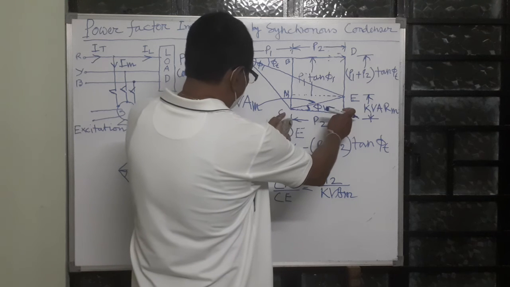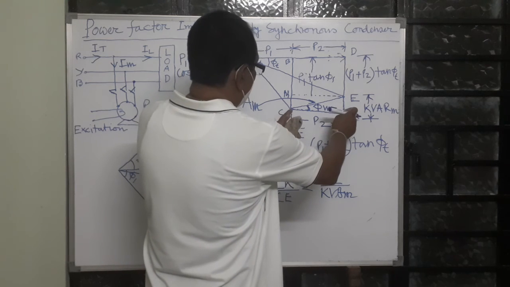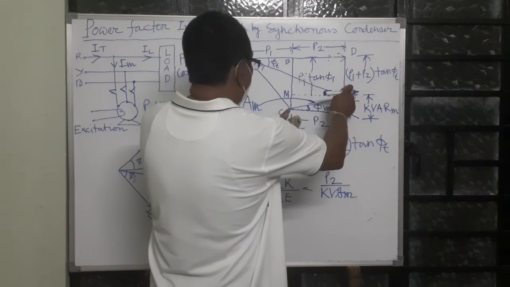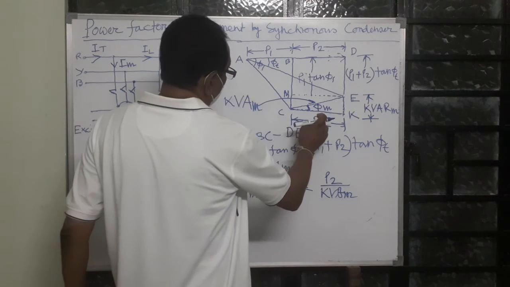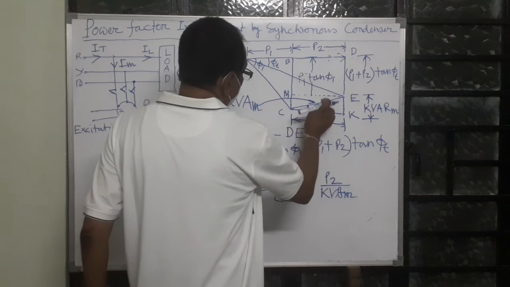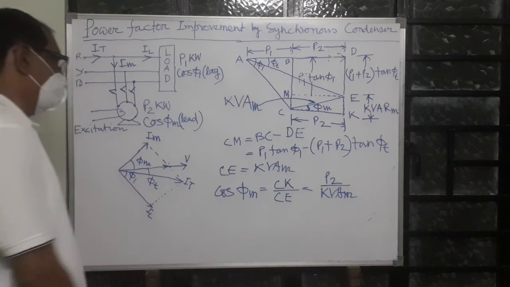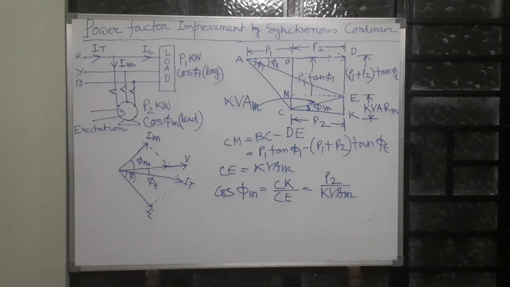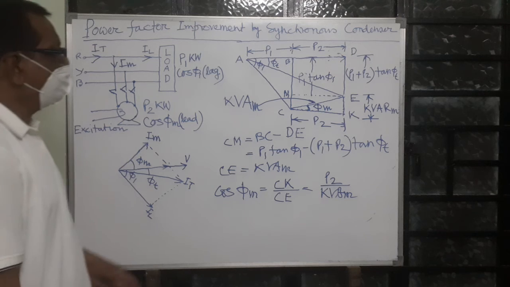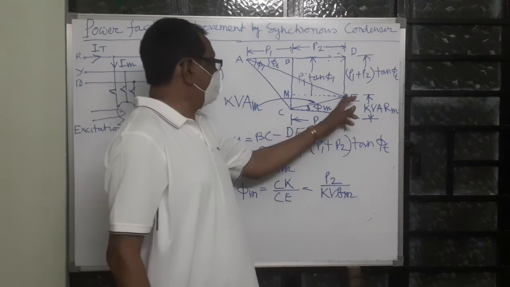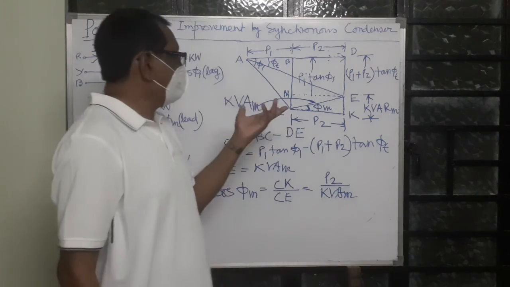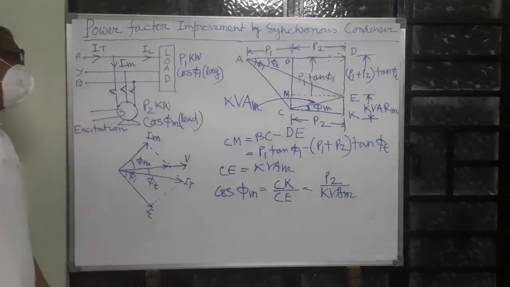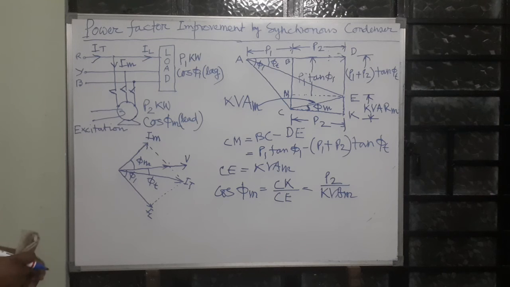P2 is the active power, and this is the apparent power of the synchronous machine. So base divided by hypotenuse is the cos, or we can calculate tan. If we get this tan, the angle can be calculated and then apply cos.